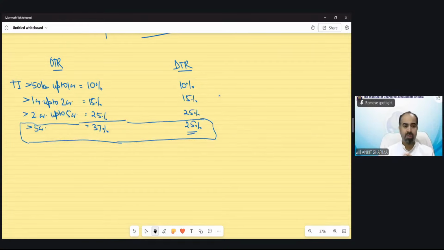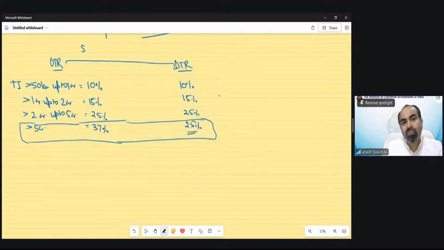Now these surcharge rates are applicable, and accordingly the information of income has been given in the question. We have to apply the surcharge rate on the tax calculated. But this would be applicable if there is some special rate of income. There are some special rates of income on which the slab rate does not apply.